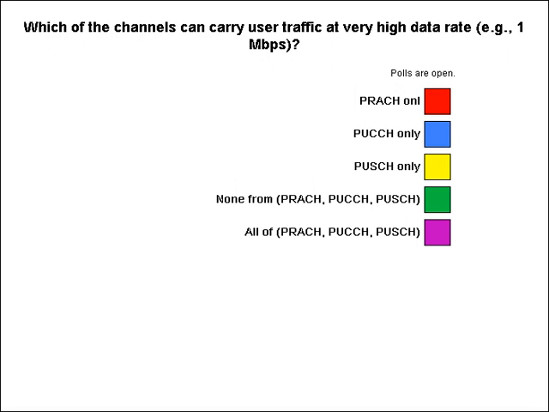Okay, who can send traffic at very, very high data rate? Let's see, 1 megabits per second, 75 megabits per second. Which channel? We have a typo in the first one. Sorry about that.